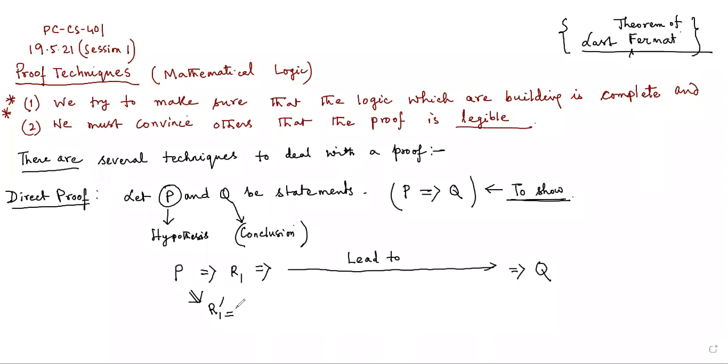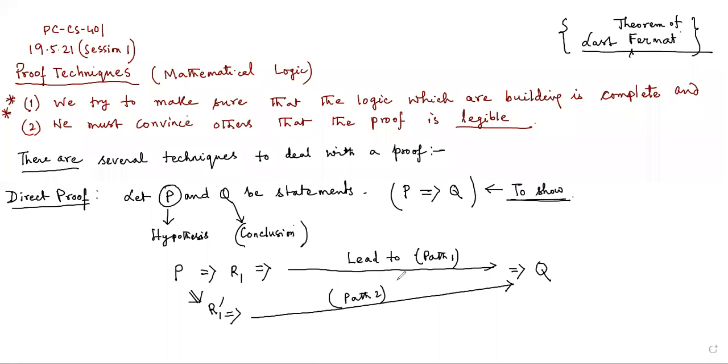Now, the question is, shall I follow this path or that path? Okay, so suppose this is my path 1 and this is my path 2, and I am not sure about it.